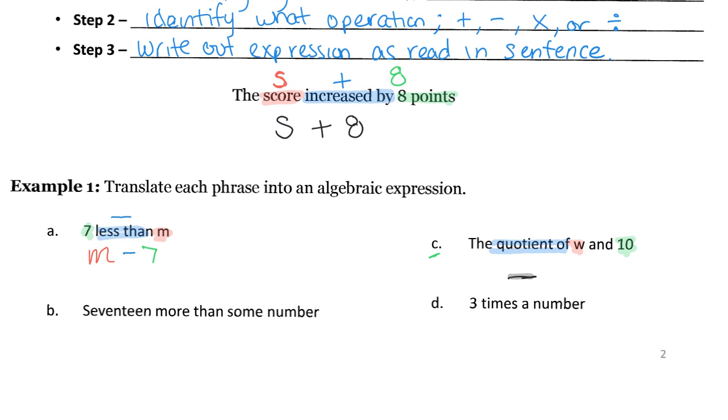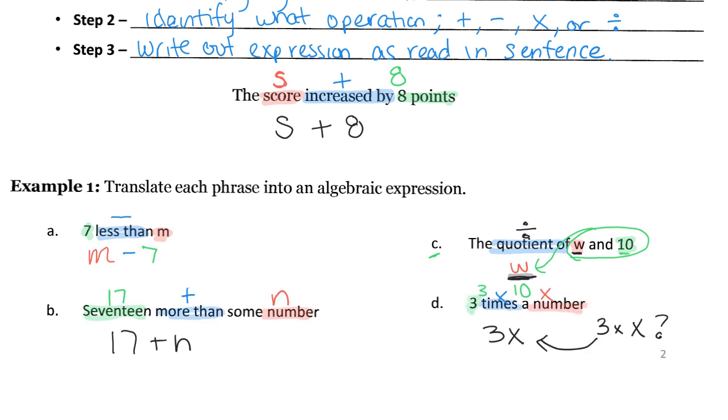And since W comes first, that's what goes in the numerator of the fraction, and 10 goes on the bottom, or in the denominator. Okay, so whatever comes first out of these two, that's what goes on top. All right, so I want you to pause, and I want you to try B and D for me. So try the next two.